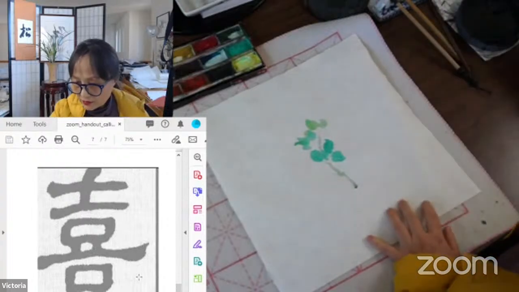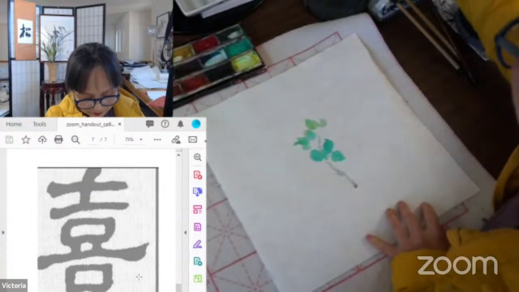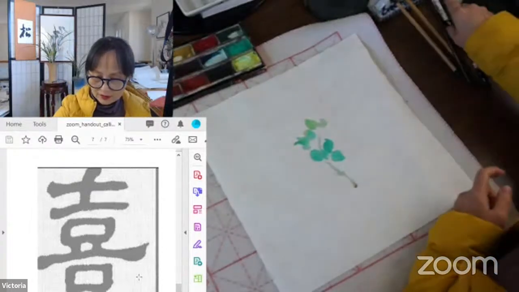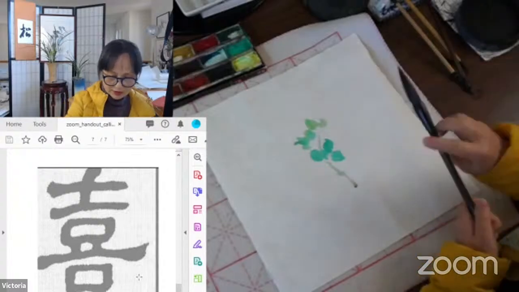And then I'll do the, okay, use some dark ink first.